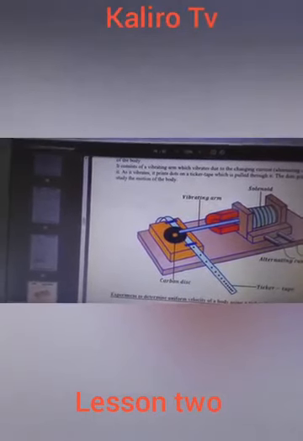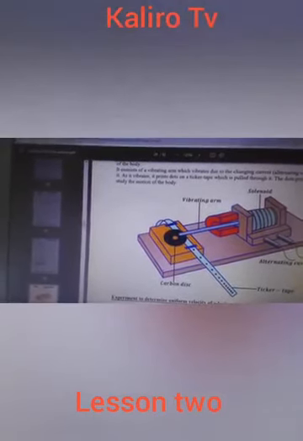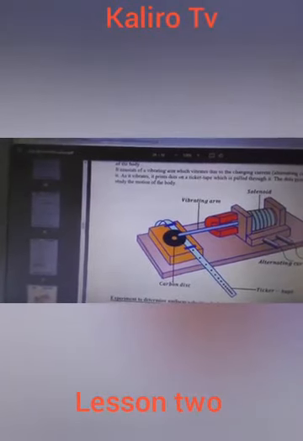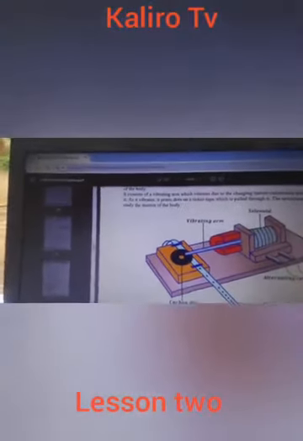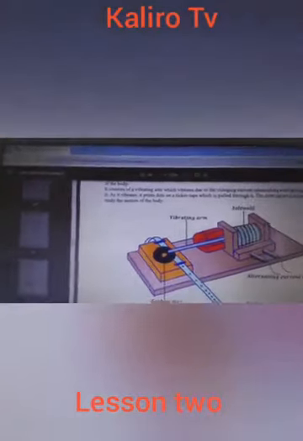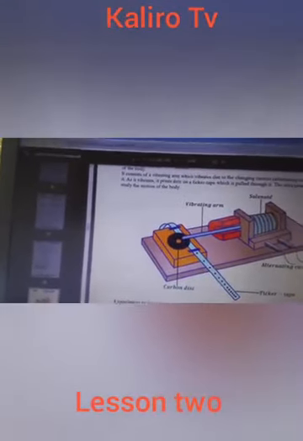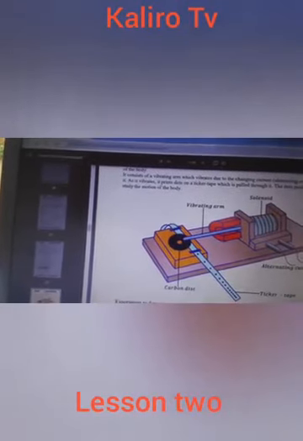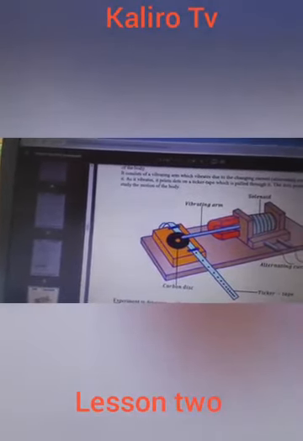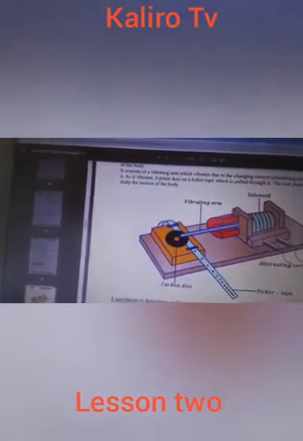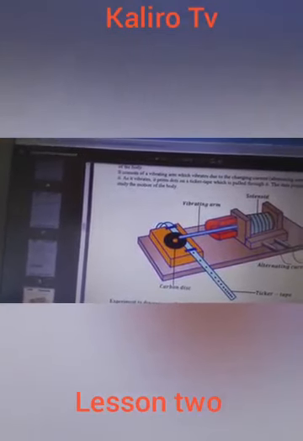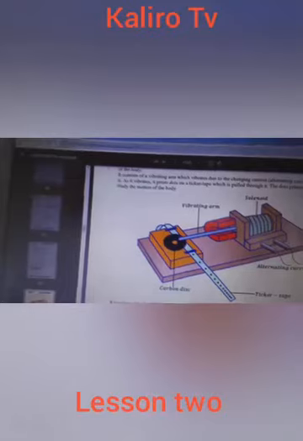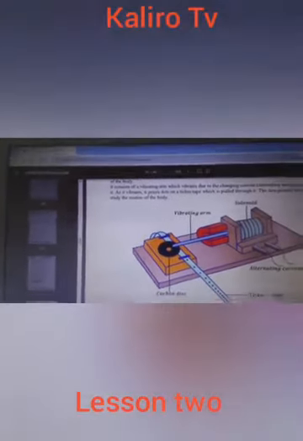When connected to an AC supply, the timer keeps on putting dots, but the dots depend on the frequency of the AC supply. For example, if the AC supply is 50 Hz, the ticker tape timer prints 50 dots in 1 second on a tape at equal intervals.